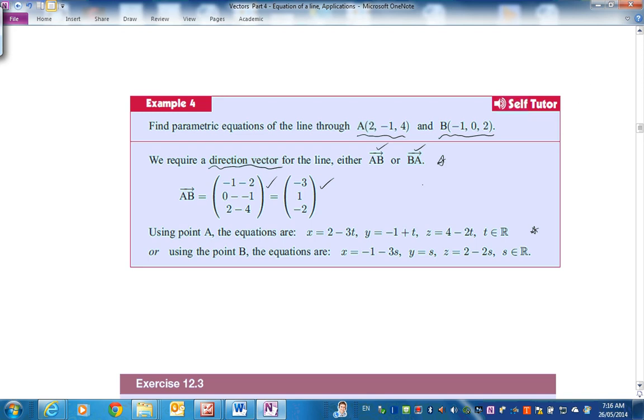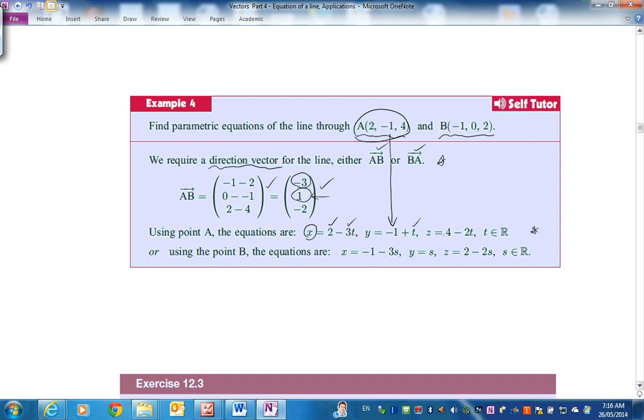Let's have a look at the parametric equations. It's saying that any point on the line can be considered, let's use A for a start, as A plus t lots of the direction vector. So you're going to displace that x from A by t lots of negative 3, there it is. The y value from A is negative 1 plus t lots of the direction vector, which is 1.